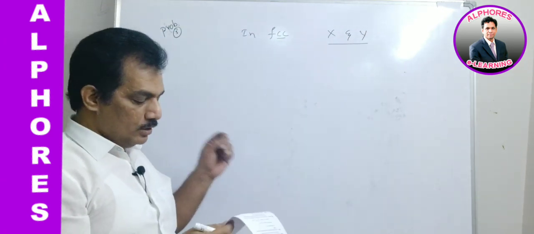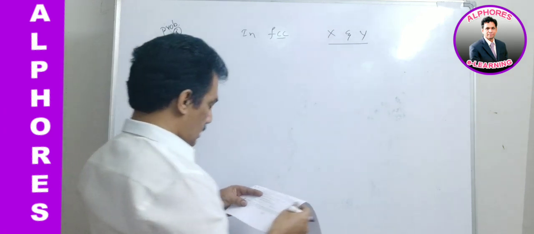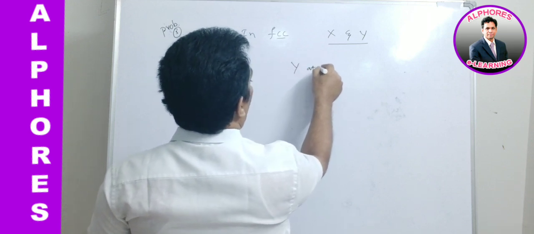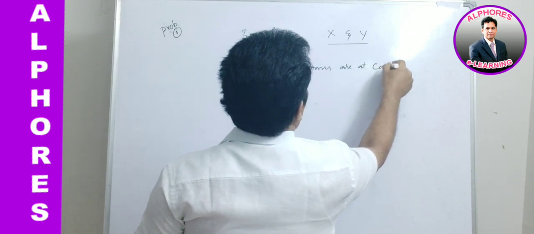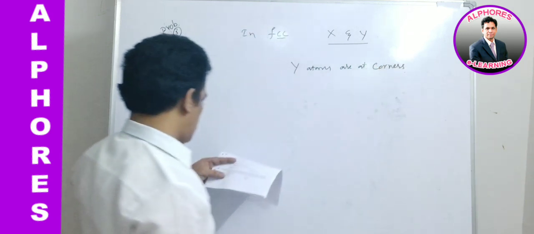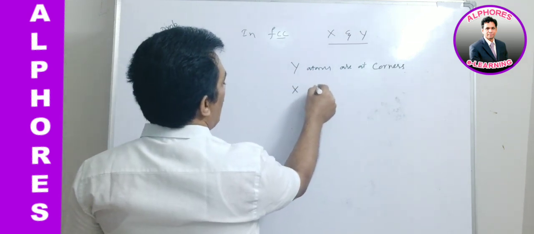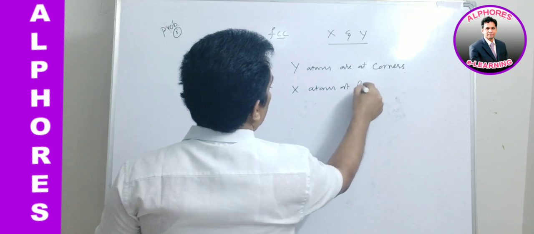In FCC, two elements X and Y atoms present, where Y atoms are at corners and X atoms are at face centers.